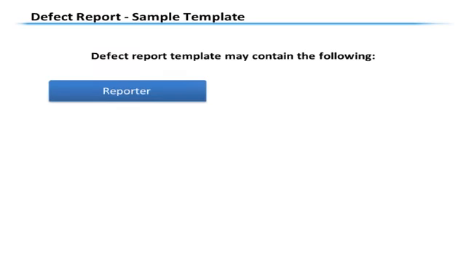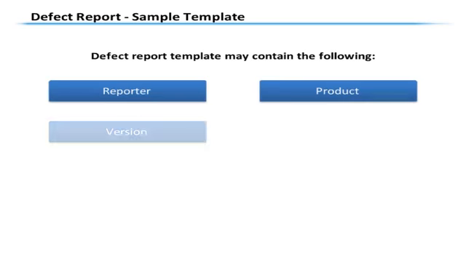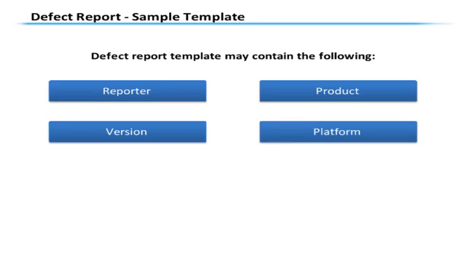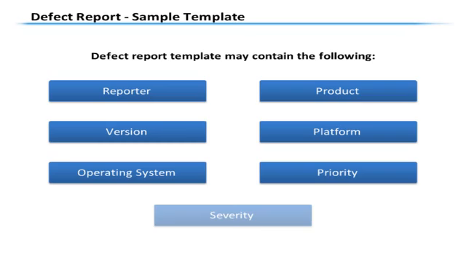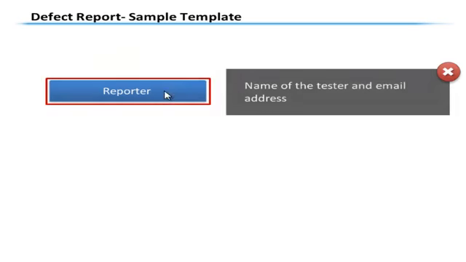The standard template of the defect report contains the following elements: the reporter, the product, the version, the platform, the operating system, the priority, and of course the severity. Click on each of the items to learn more about them. The reporter. It shows the name and email of the bug reporter.